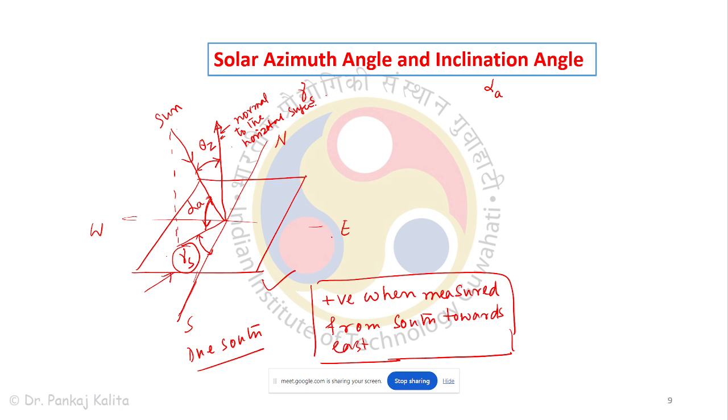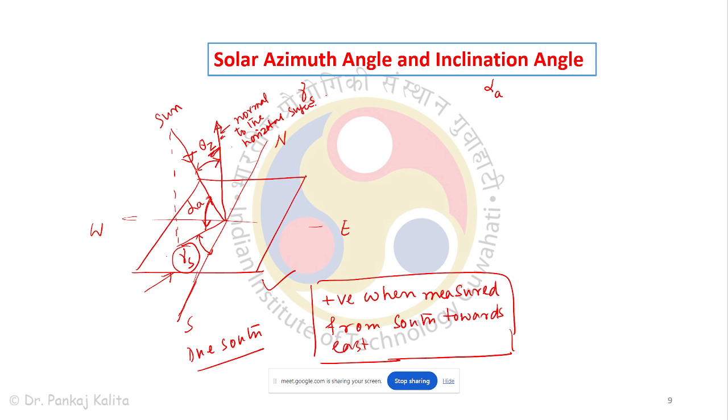Now the solar azimuth angle and zenith angle. If this is a surface and this is the normal to the horizontal surface, and this is the incoming solar radiation, the angle between the incoming solar radiation and the normal to the horizontal surface is your zenith angle. This theta z is the zenith angle.